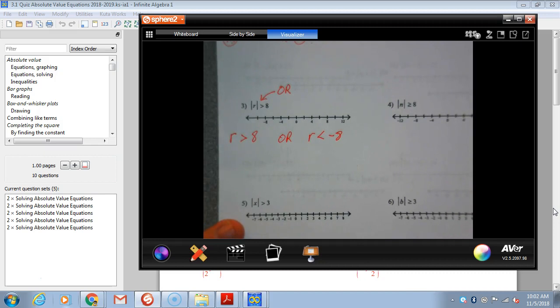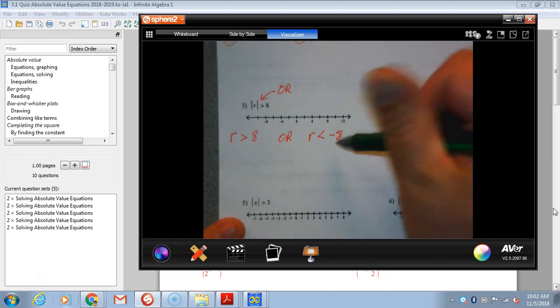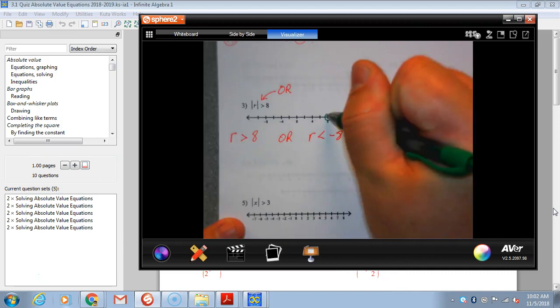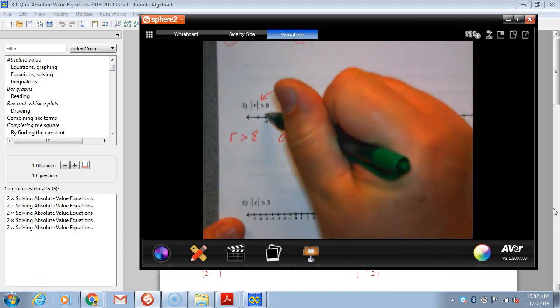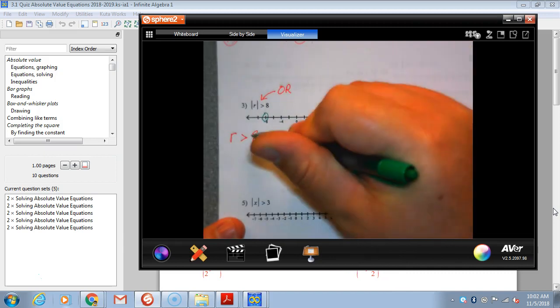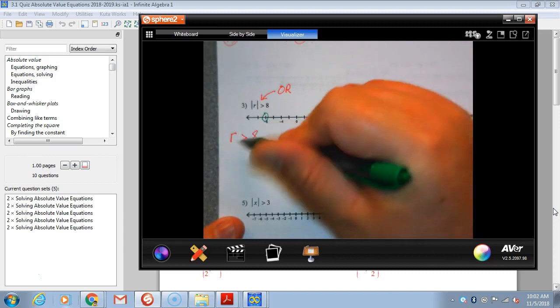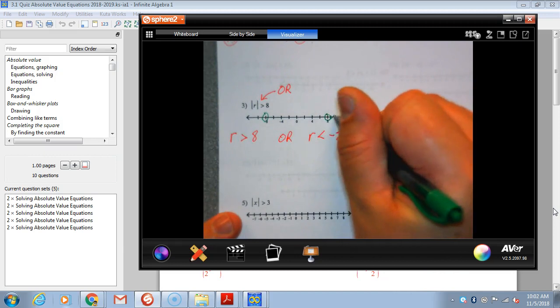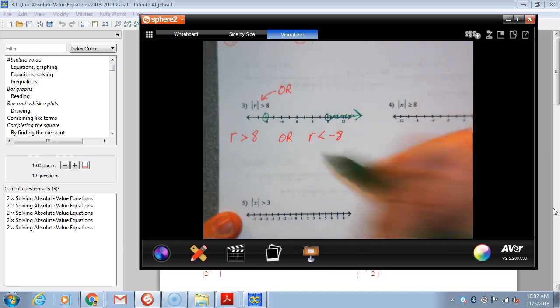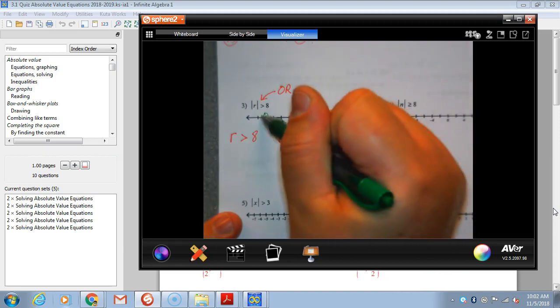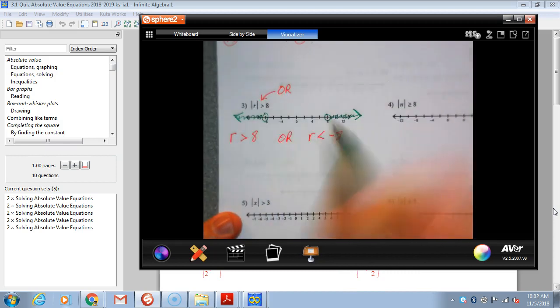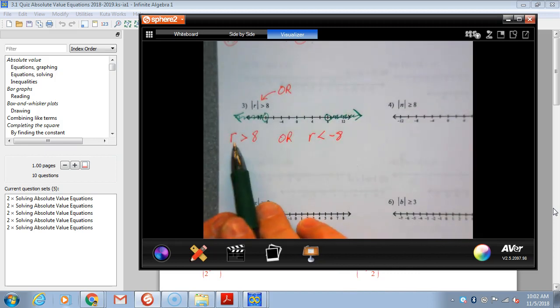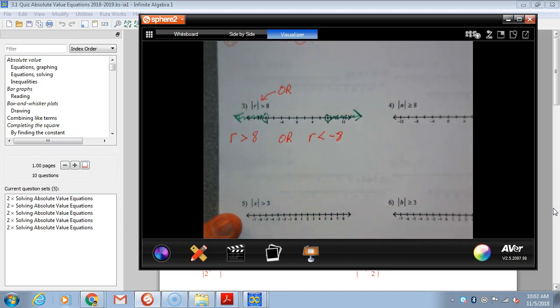There's no equal sign, so it's an open circle at 8 and an open circle at negative 8. And again, I want to shade the way the arrow is pointing. So I'm going to shade this way, and I'm going to shade this way. Make sure that your variable's on the left-hand side when you go to shade.